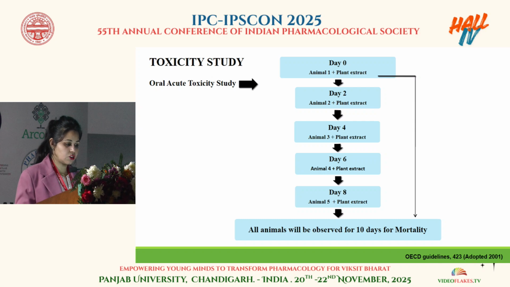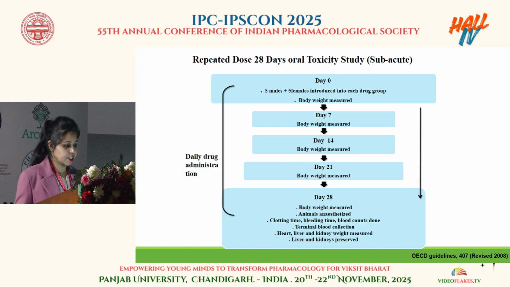So, I had also conducted the oral toxicity study, the acute toxicity study, and this is the toxicity study of our test drug, Punica granatum. We observed all the animals for 10 days, and this is the experimental model for the 28-day oral toxicity study, that is the subacute model.